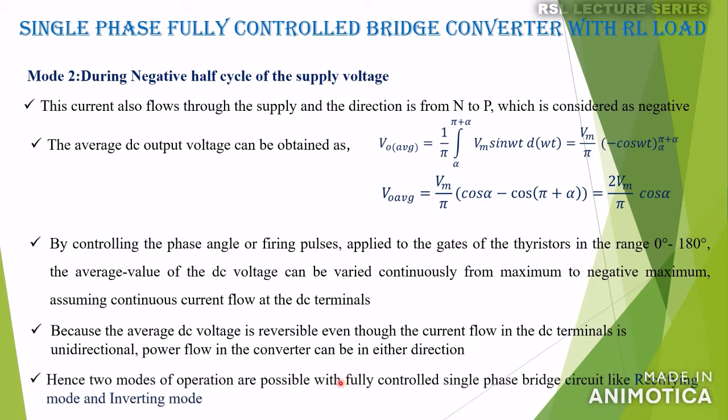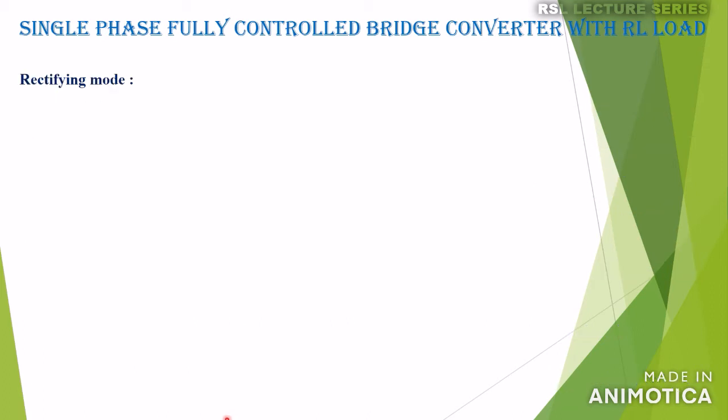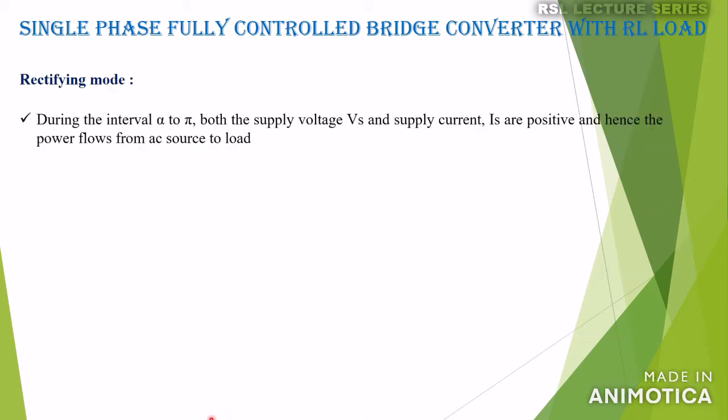As a result, we have two modes of operation with the fully controlled converter with RL load. One is the rectifying mode and the other is the inverting mode. So first we'll discuss the rectifying mode. During the interval alpha to pi, both the supply voltage Vs and the supply current Is are positive, as we have already seen in the above cases.